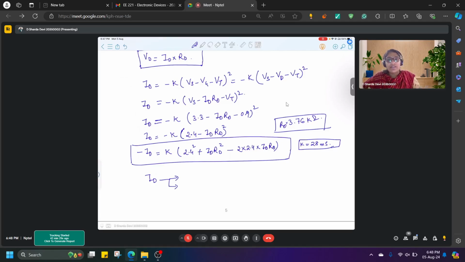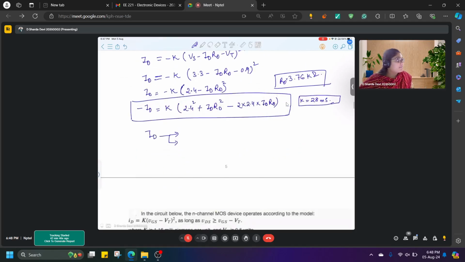Can you quickly solve it and let me know what these two values of ID are?